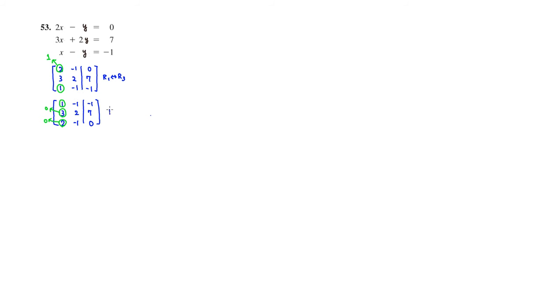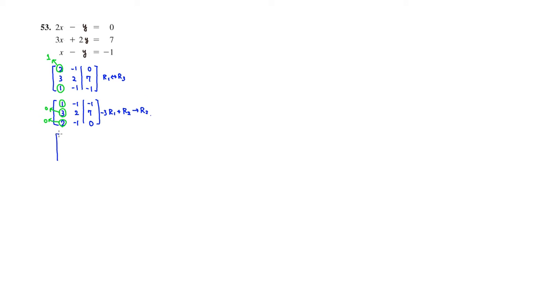You're going to multiply by the negative of the number you want to get rid of. So I want to get rid of 3, so I'm going to multiply row 1 by -3. Then add it to that row, which is row 2. That's going to be our new row 2. Let's go ahead and do that first.